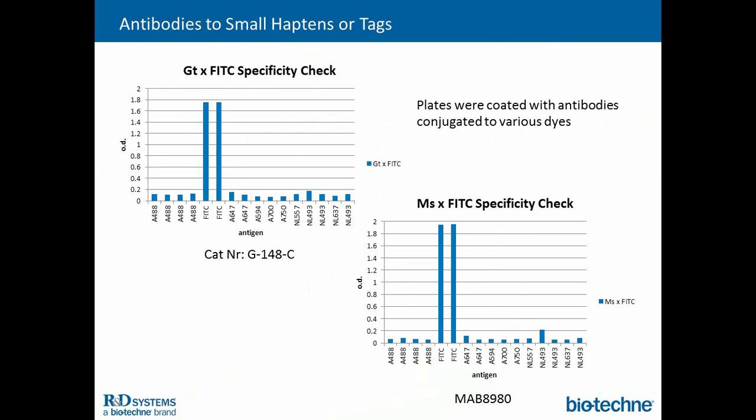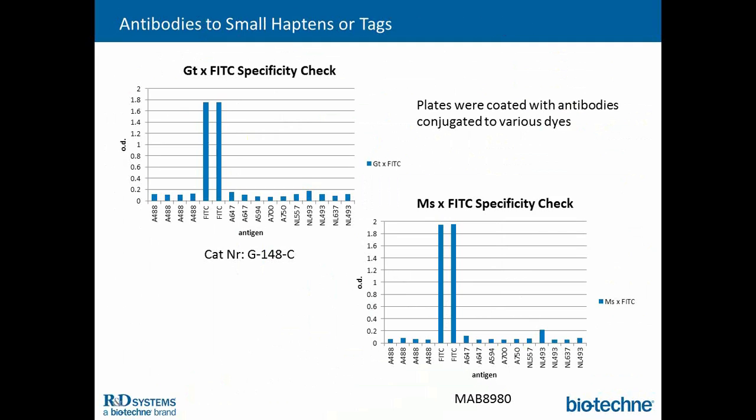As I mentioned earlier, sometimes we're developing antibodies to smaller molecules, to haptens. I'm just giving you one example here on how we test those. We developed anti-FITC antibodies, and we've gotten a lot of questions on whether it recognizes other dyes. So we went back and developed our direct ELISA assay.